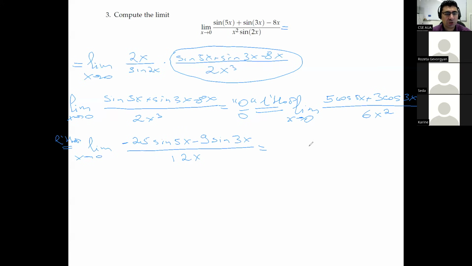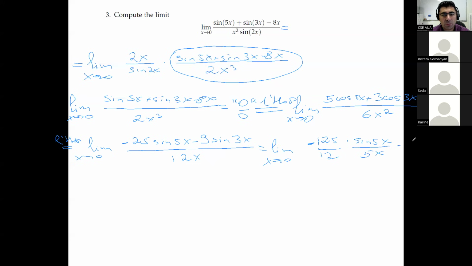Split into two parts. We have limit x tends to 0. So minus, we have 25 times sine 5x, which would be nice if we divide it by 5x. Okay, we can do it, but we'll have to multiply by 5 in numerator and denominator, and we'll get 125 over 12. This is just the first part of our expression.